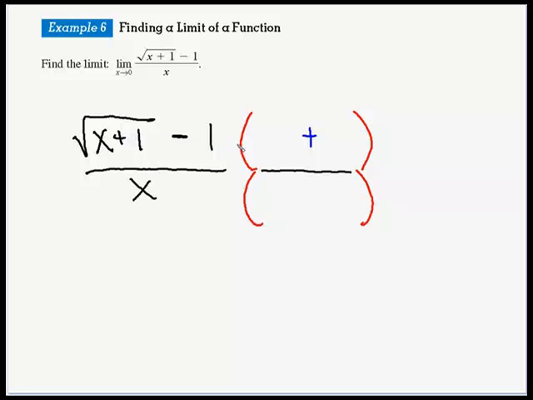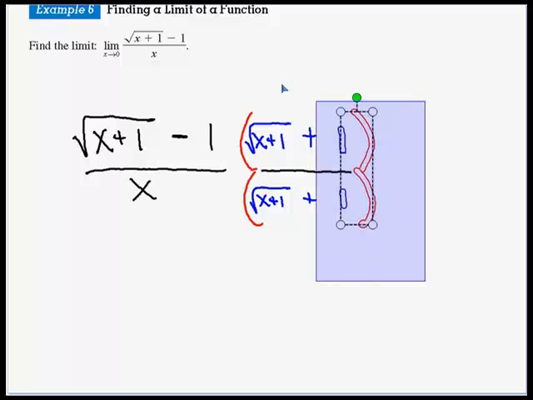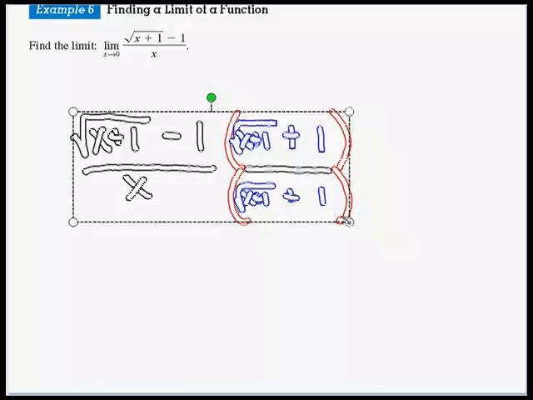The terms are going to be the same. Here I'm going to have a radical, x plus 1, and a 1. And that is going to be exactly the same in the denominator. If I multiply the numerator by this, I got to multiply the denominator by the exact same thing. And now that I look at it, I might almost run out of room, so let me shrink this up a bit.